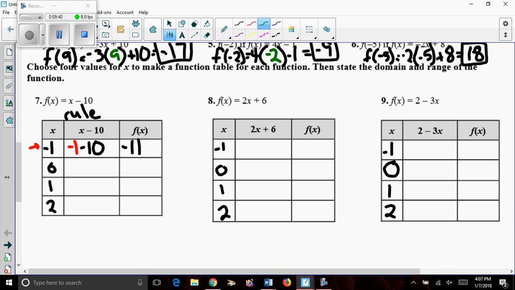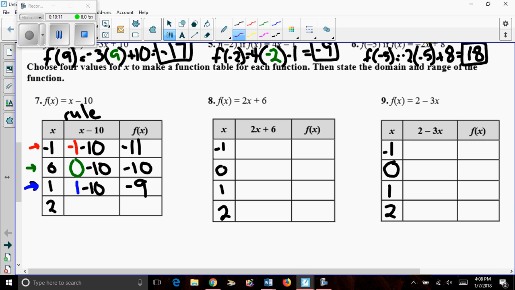All right, let's do that again. Now with 0, instead of x minus 10, I can say 0 minus 10. Well, 0 minus 10 is -10. Now x is 1. Therefore, it becomes 1 minus 10, so that's a negative 9.